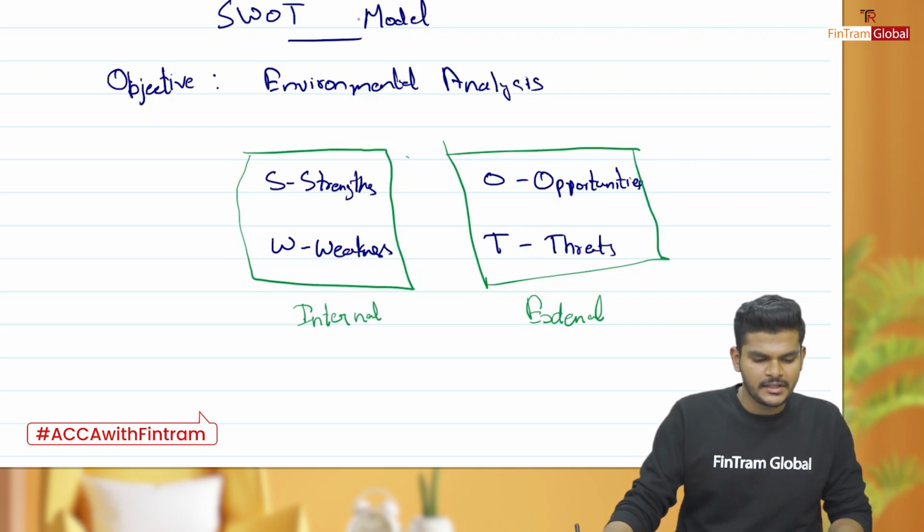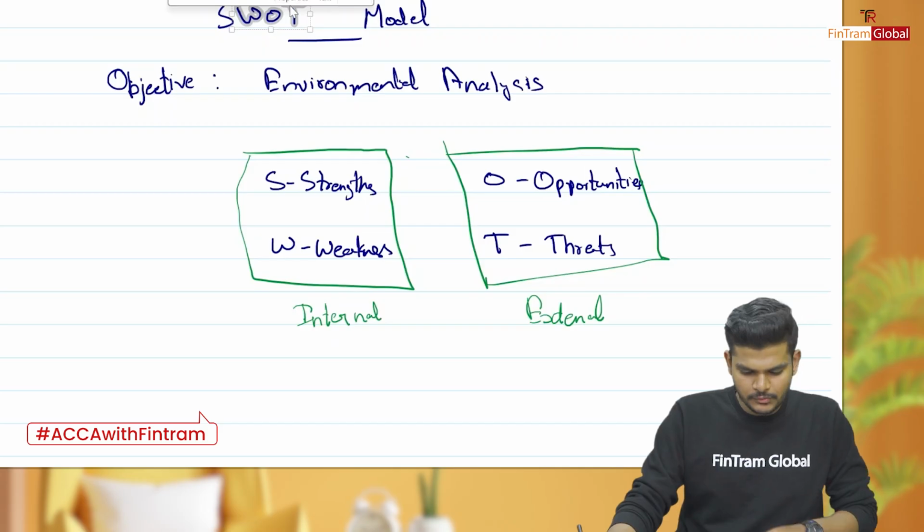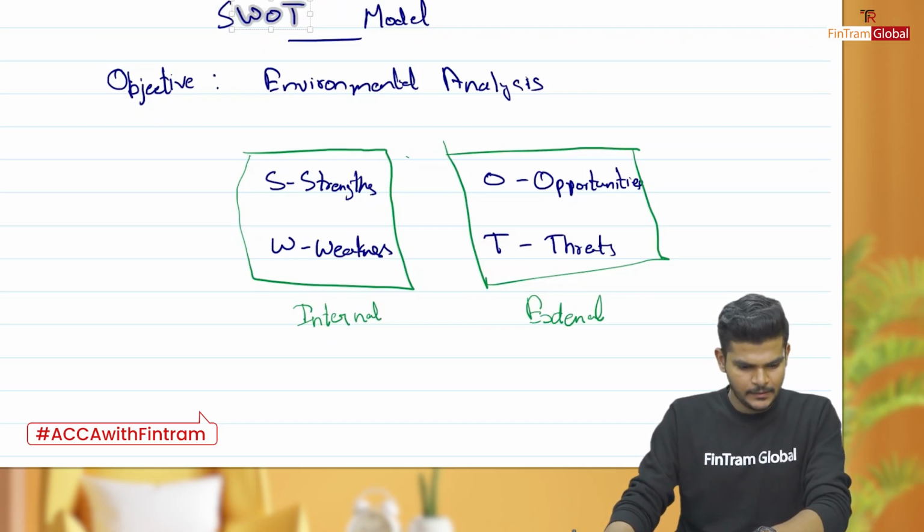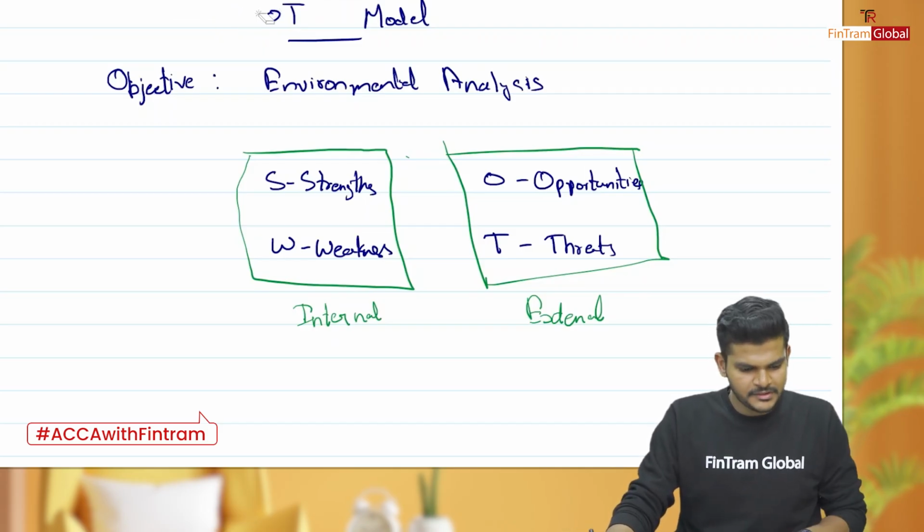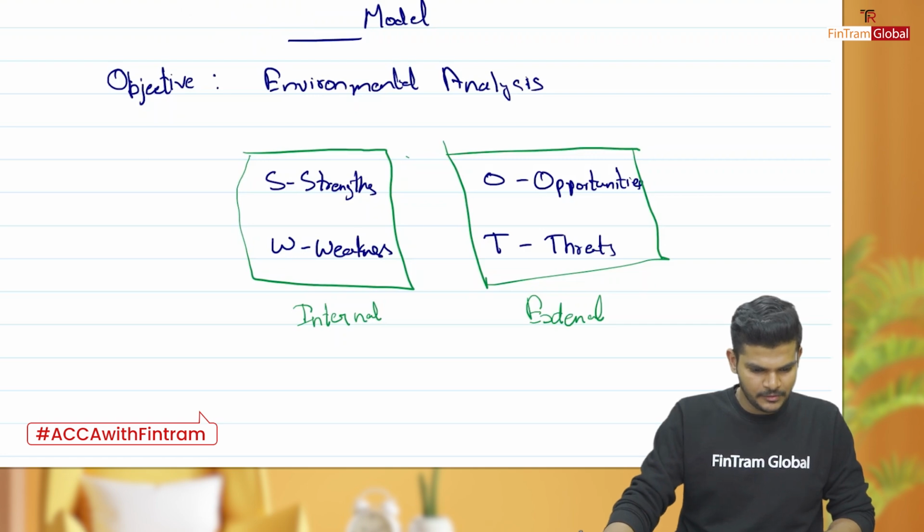And what other models have we learned about? We've also looked at Porter's 5 force model, right? Let me just clear all this.